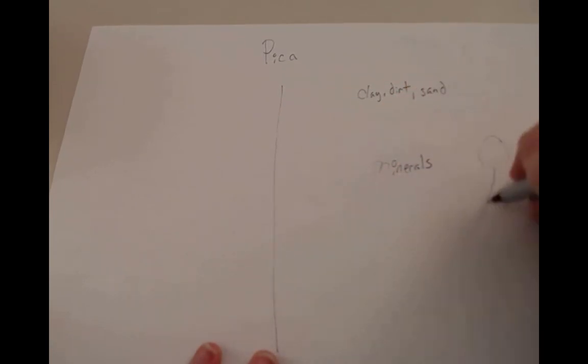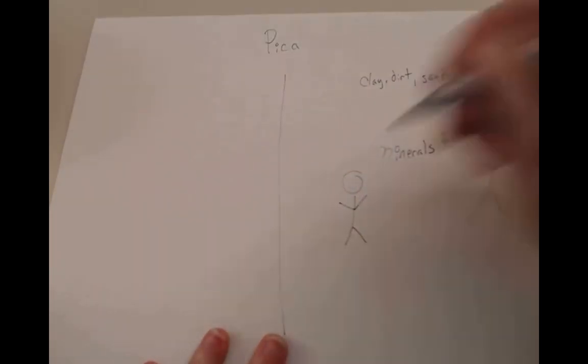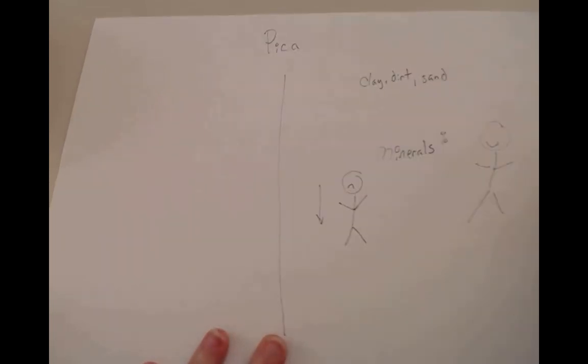Now, the body is made up of a certain percentage of these minerals. And when you have them, you're good. But let's say, for whatever reason, someone is deficient in minerals. They're not good.